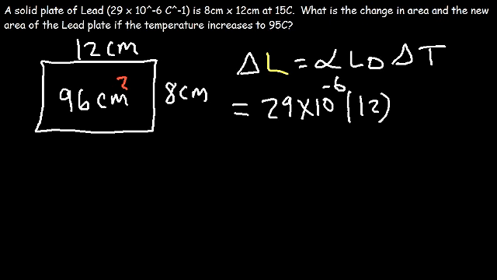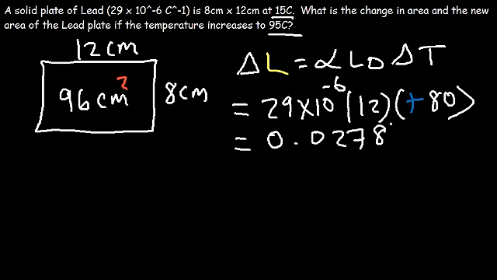And the change in temperature, final minus initial, 95 minus 15 is 80. So the temperature increases by 80. So the change in length is going to be 0.02784 centimeters.